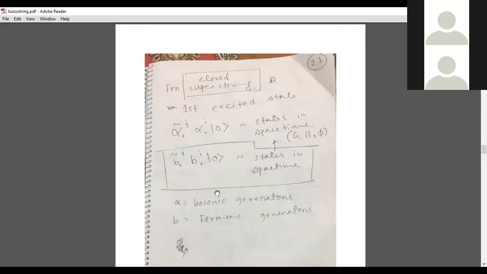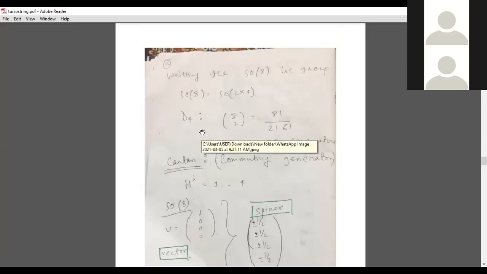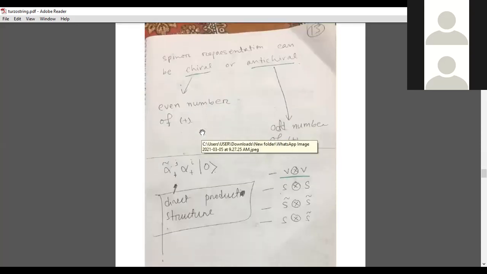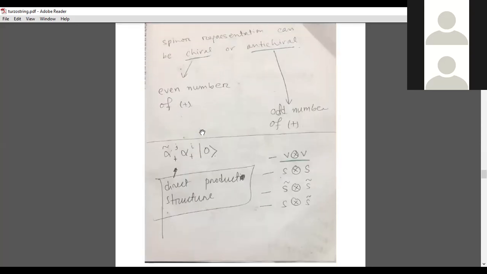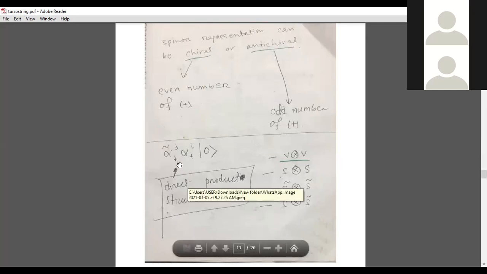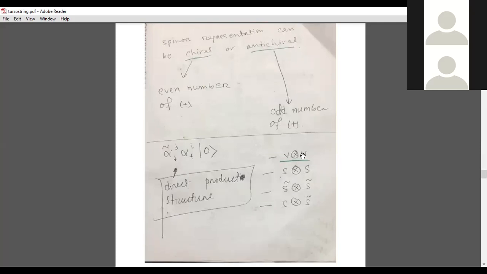Now, you can have a vector representation, but they come as a direct product state, right? When you have a direct product state, you finally need to write them as a summation state. So you see that alphas can be vector times vector, they can be spinor times spinor.